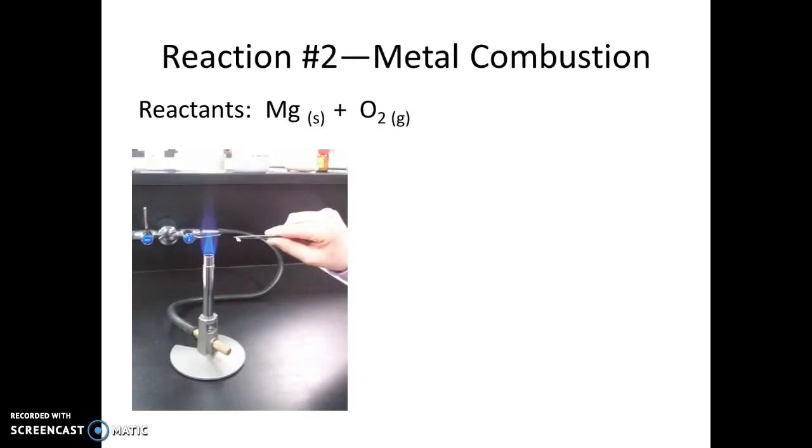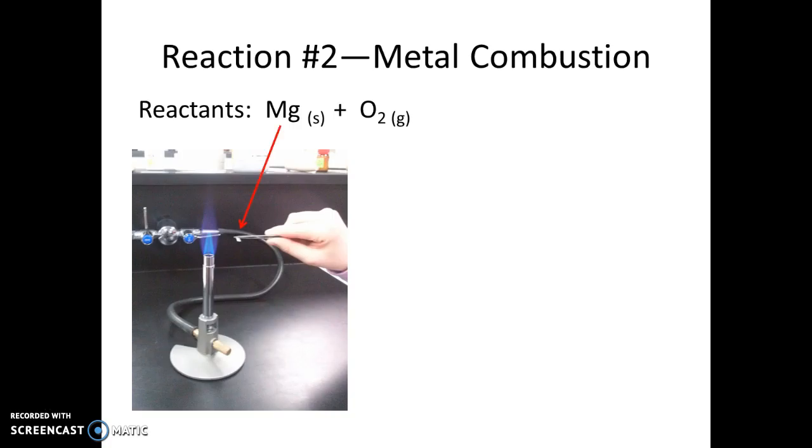Reaction number 2 is also a combustion reaction, but this is an example of metal combustion. The metal that you're going to be burning in reaction number 2 is magnesium. For this, you want to get the longer strip of magnesium, the one that's labeled 3 to 4 centimeters. And I have my magnesium strip here.